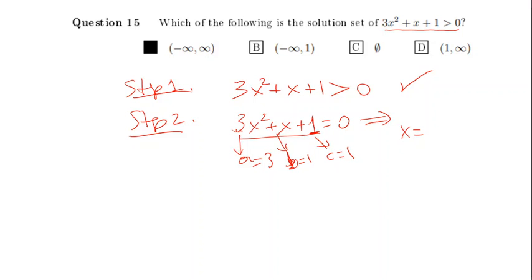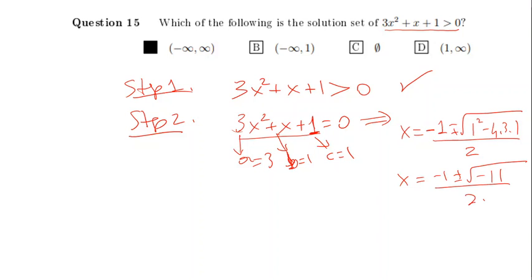So x equals minus 1 plus or minus the square root of b squared minus 4 times a times c, 4 times 3 times 1, divided by 2 times 3. It gives you minus 1 plus or minus the square root of minus 11 over 2 times 3.